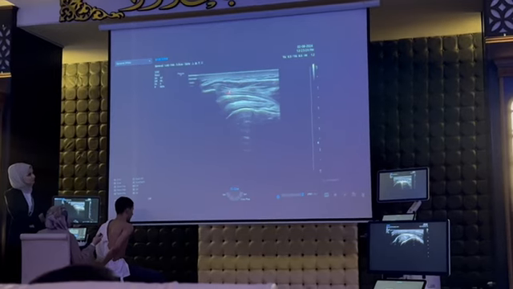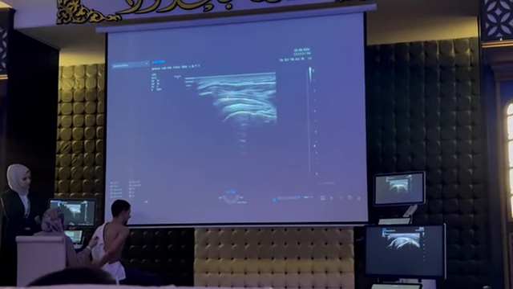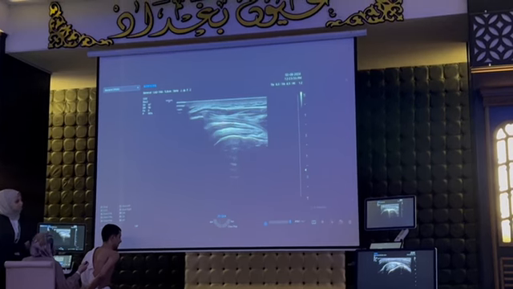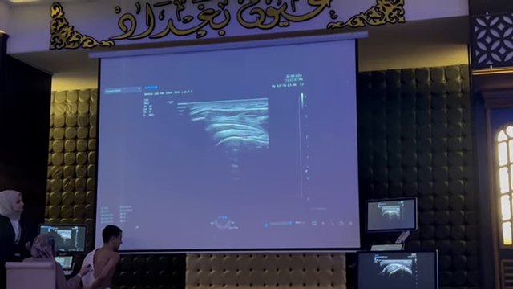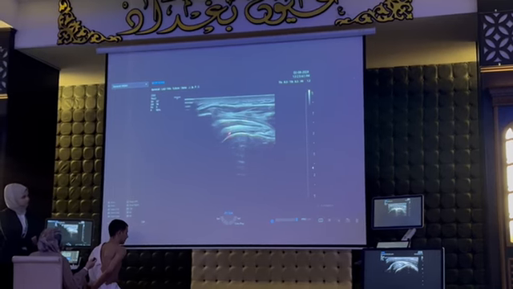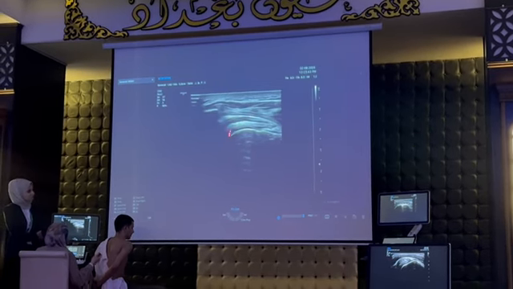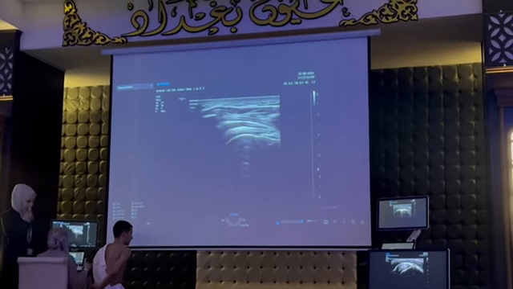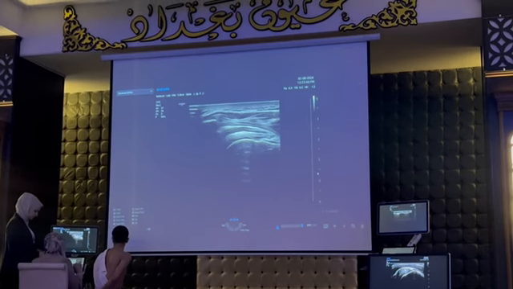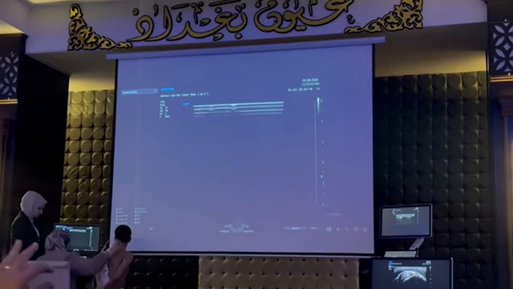It should be a thin black line, not contain debris, not increased thickness. So here there is no bursitis. Someone asked what is the black line. It is an anisotropy artifact because my probe is not perpendicular to the muscle.